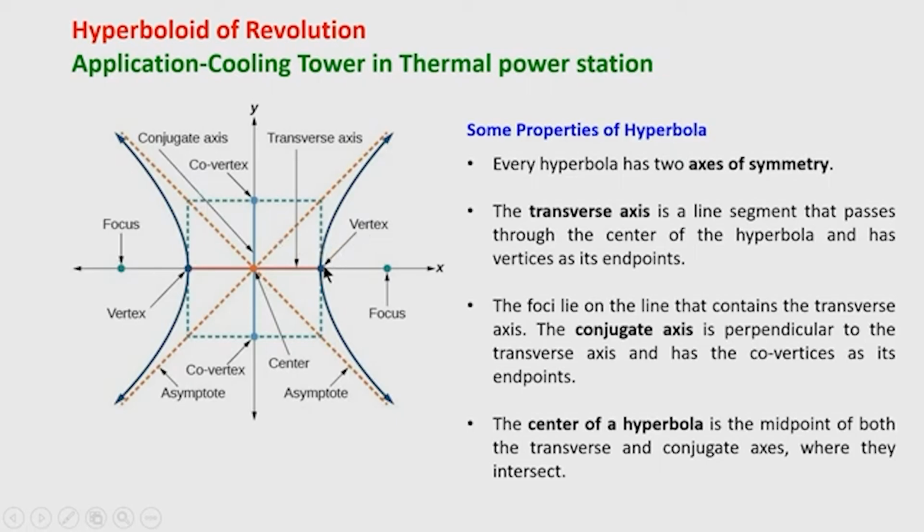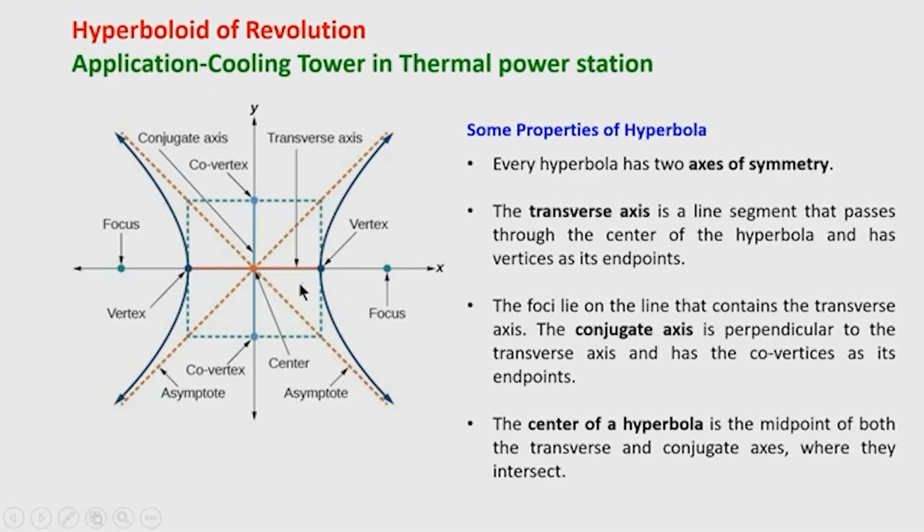The vertex of the hyperbola is located on the transverse axis. This is one vertex point and another vertex point is there. The distance of the vertex of the hyperbola from the axis of rotation is a factor known as a.